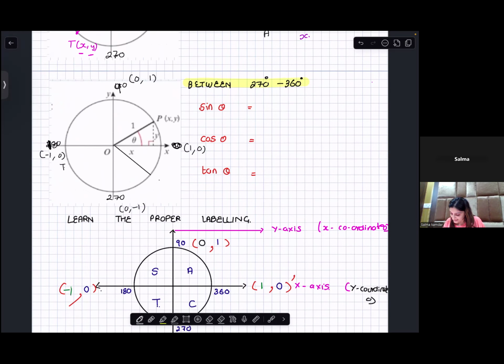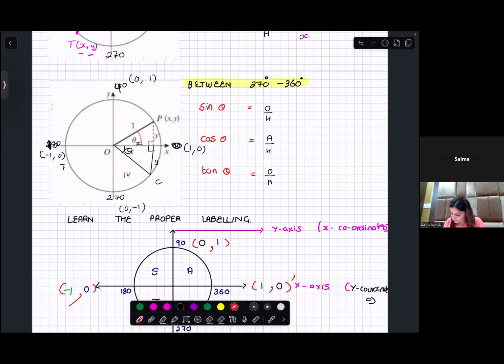I'm naming this point C. This would be my 90 degree. This would be my theta. Okay. This is my x and this is my y. So sine theta, opposite upon hypotenuse, adjacent upon hypotenuse, and for tan it would be opposite upon adjacent.